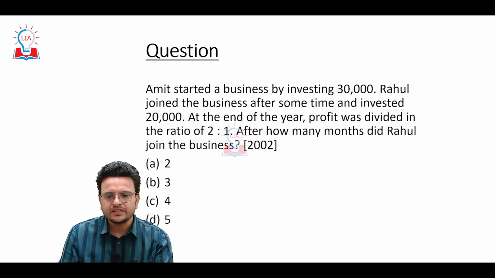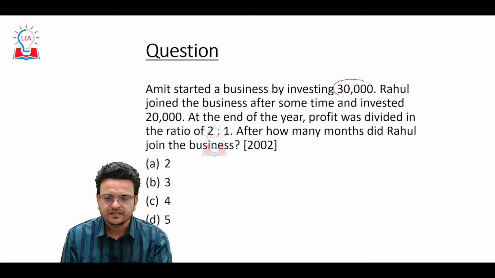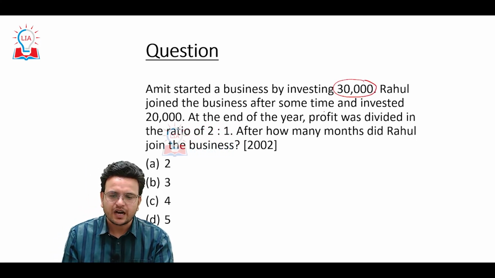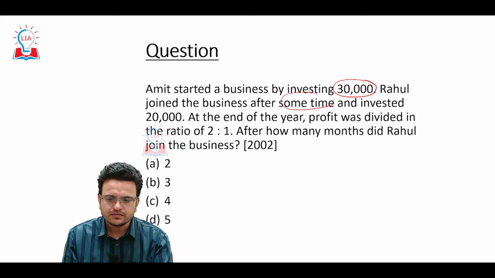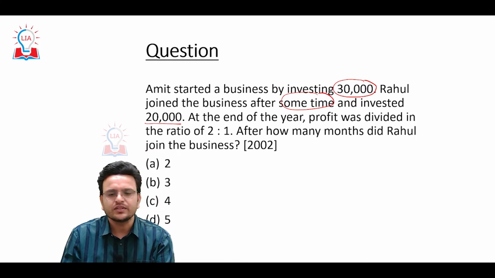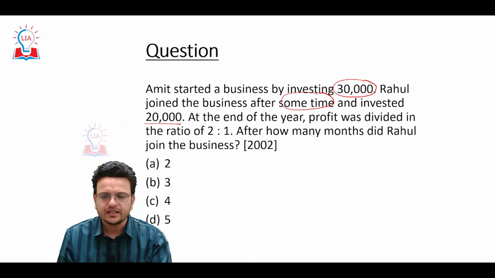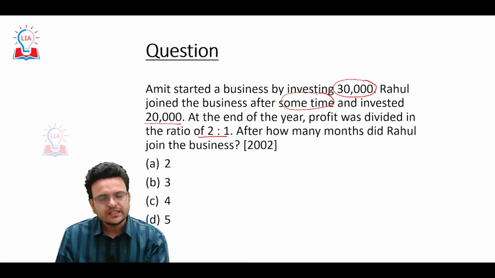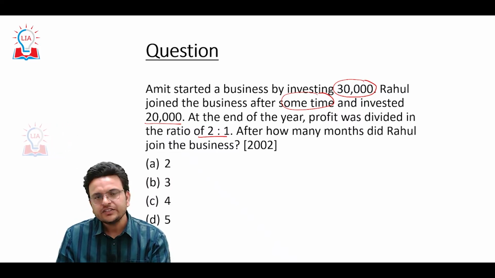Amit started a business by investing 30,000 rupees. Rahul joined the business after some time and invested 20,000 rupees. At the end of the year, profit was divided in the ratio 2:1. One thing you have to remember: the profit will be distributed in the same way as the ratio of the investment.